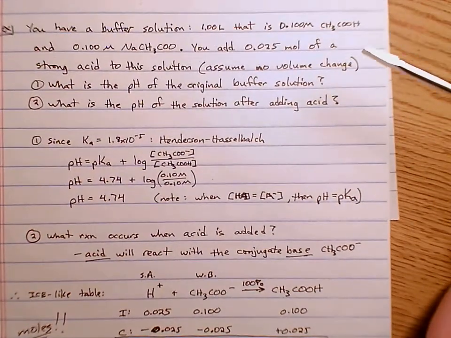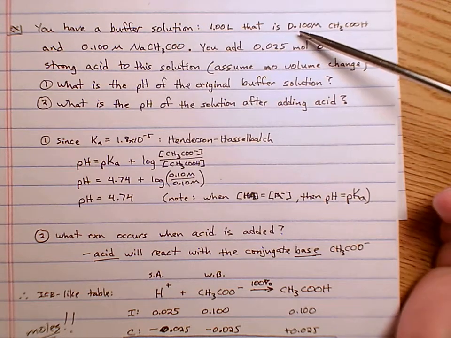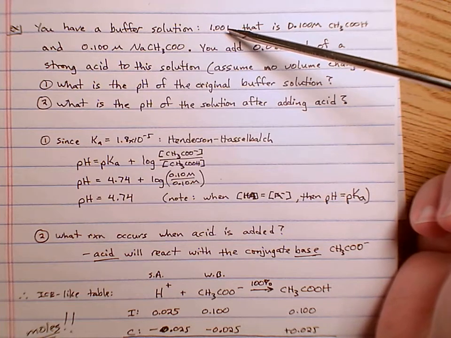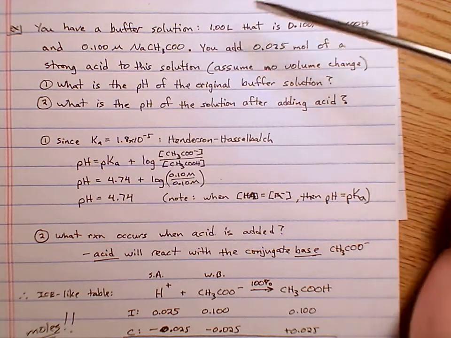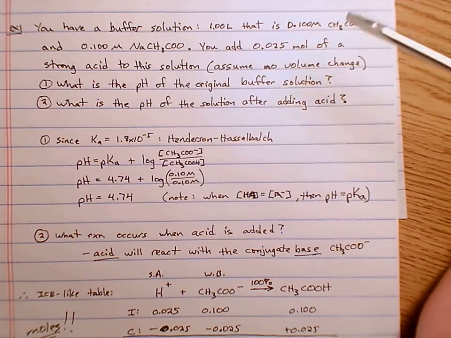Luckily, this problem, whoever thought this up, is being easy on us because we have 0.1 molar acetate, but we have 1 liter of solution. Which means if we have 1 liter of solution and our concentration is 0.1 moles per liter, we have 0.1 moles of acetate.